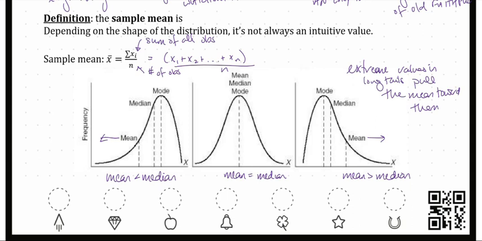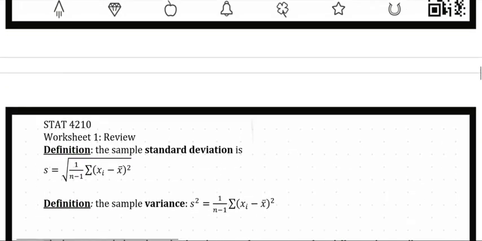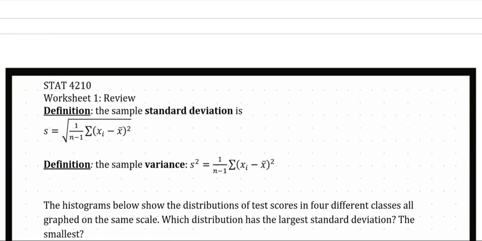So we've talked about how we can assess measures of shape, we can talk about measures of center, and finally we need to talk about measures of spread. So we're going to think about the sample standard deviation in this class.